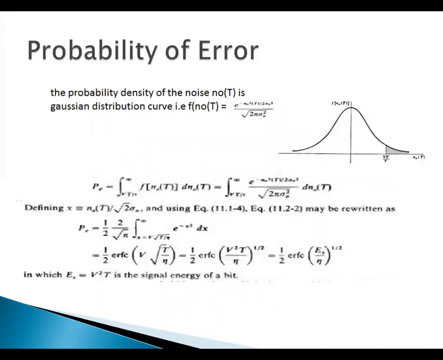Okay, and the next one is probability of error. Probability of error is nothing but a parameter similar to S by N in the analog domain. In the analog domain it is S by N, the signal quality; the same parameter in the digital domain is the probability of error. So the probability of error follows the Gaussian distribution curve.